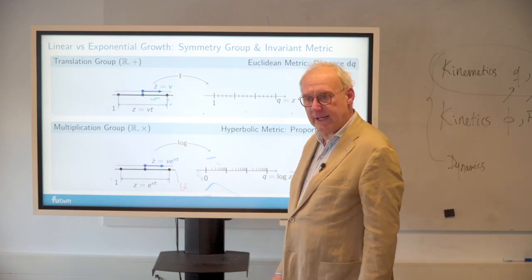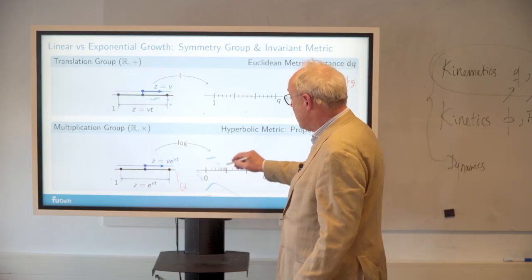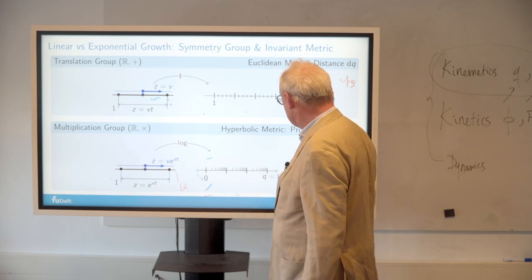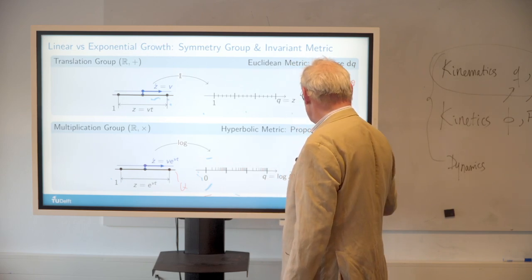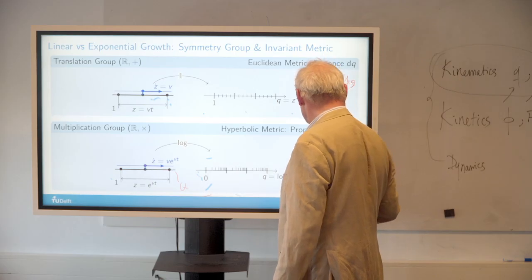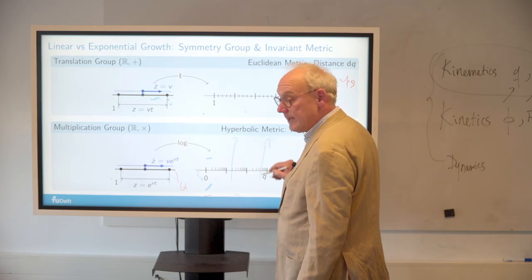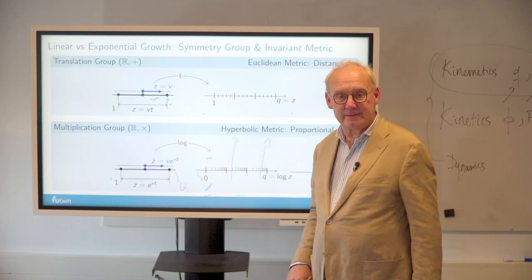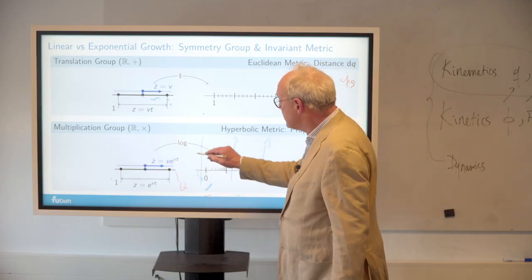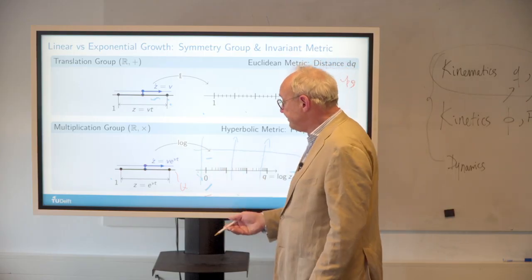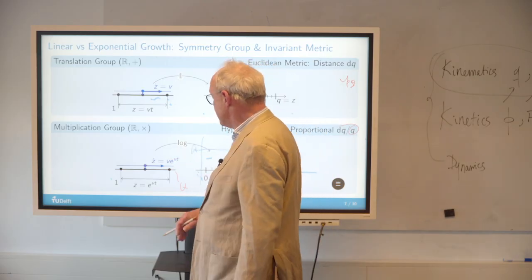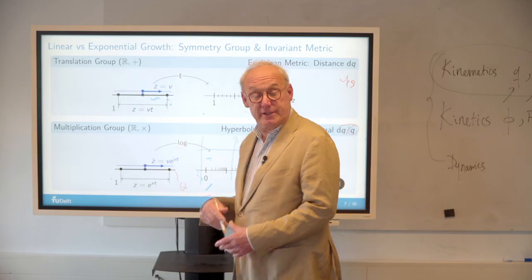And here, I forgot to draw it. I could have drawn it. You spend a lot of time with these ticks. And then if you're going at constant speed, you'll have a constant expansion factor.